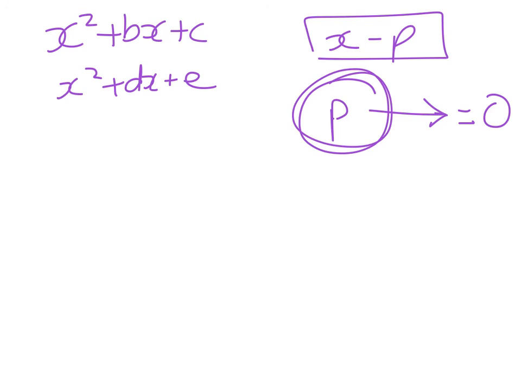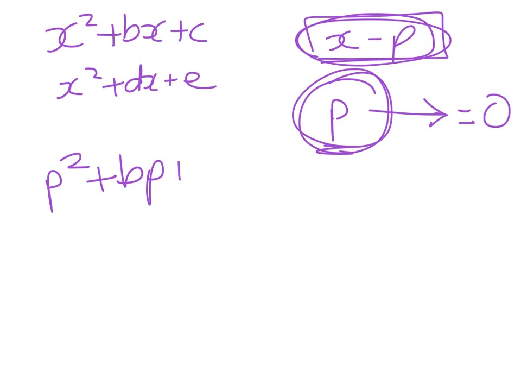Okay? So what I can do now is I'm going to substitute in p into each of those expressions. And because x minus p is a factor, I know that p squared plus bp plus c equals 0. Right? That's what it means for something to be a factor.